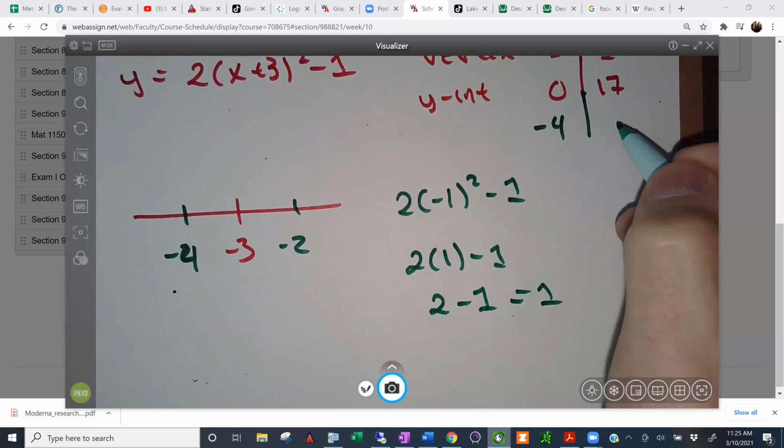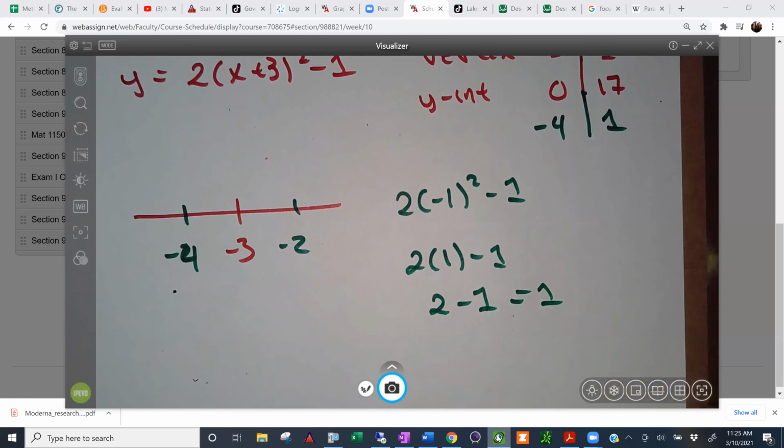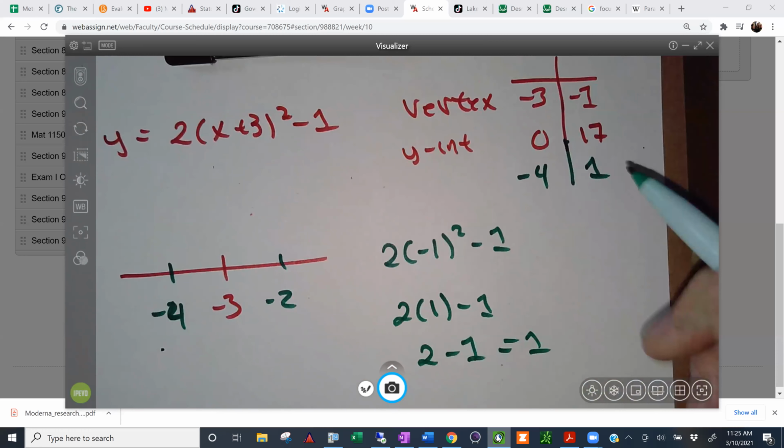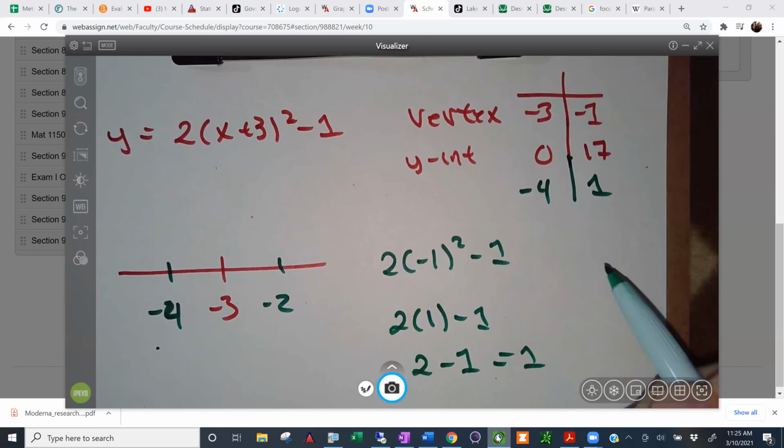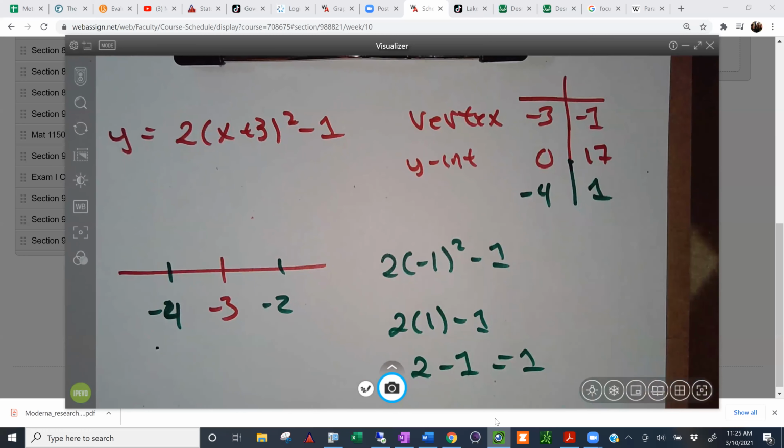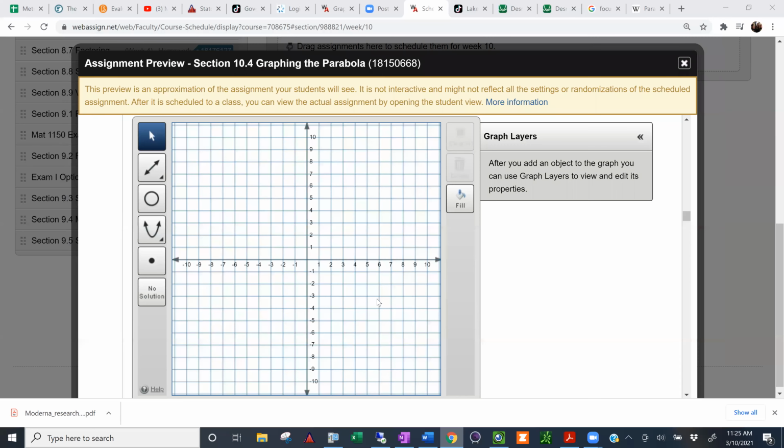So that's a point that'll fit on your graph. And when it comes to graphing, what you're going to need to do is graph a couple points. So you plot these 2 points here, and then you click the parabola tool, and it should fit a graph to your 2 points. You just need to find 2 of them.